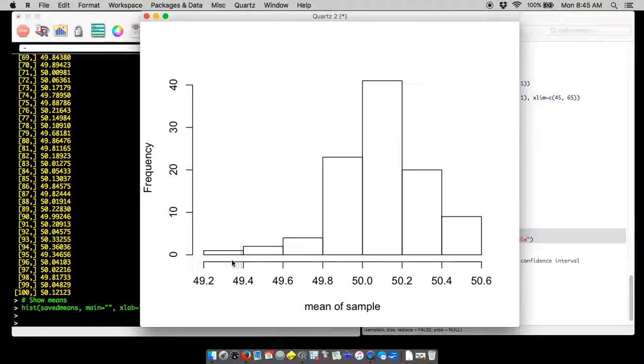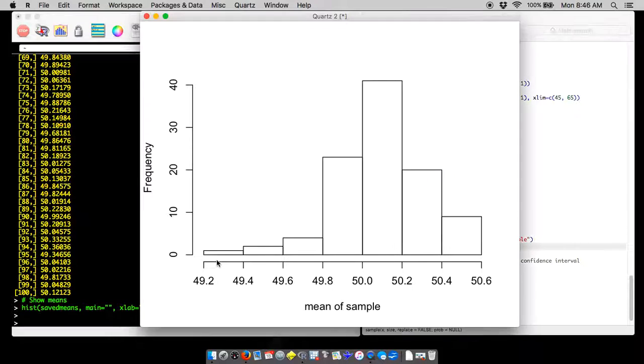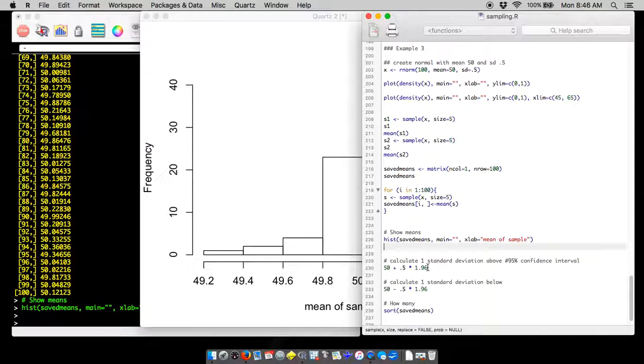We had very few samples that had a mean of 49.2, and we can see about 10 or 11 samples that had a mean of about 50.6. What we want to know is how confident we can be that any one of these samples came from this population. And what you could do is calculate the confidence intervals.